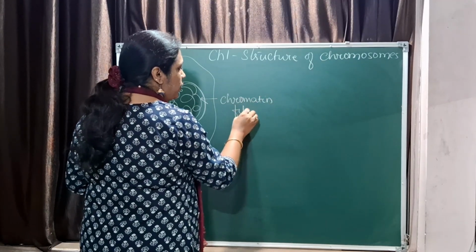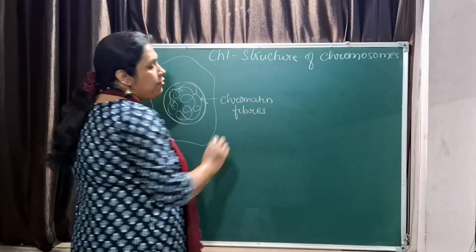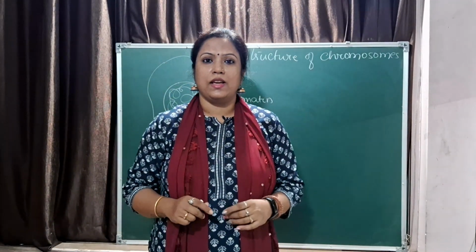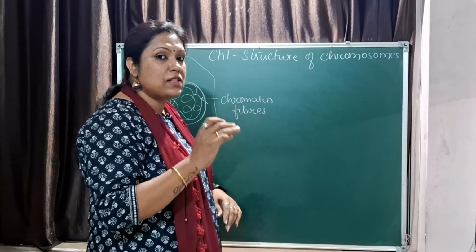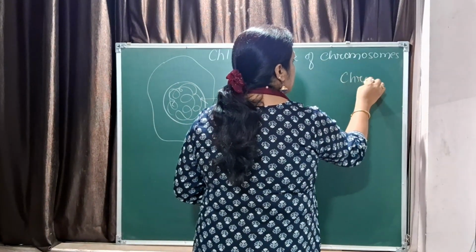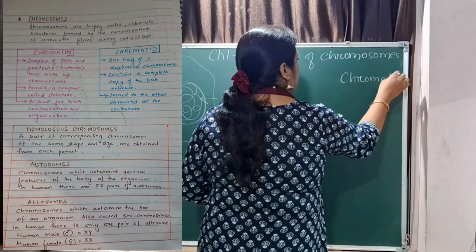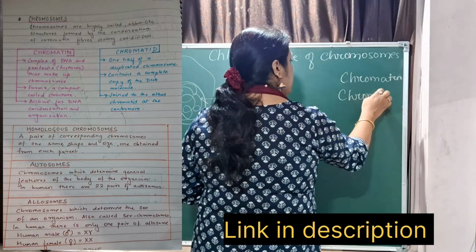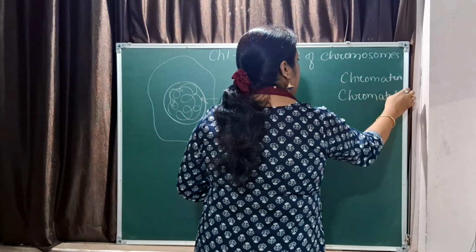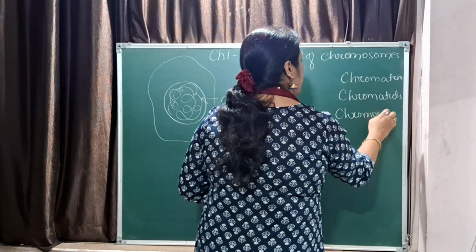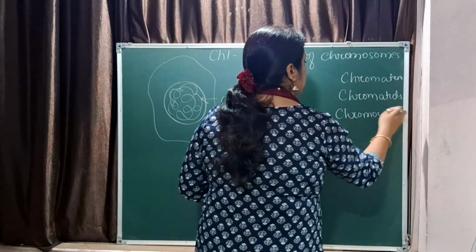Now we will explore what these chromatin fibers consist of, right? Before knowing that, there are certain words that must be clear to you. The first one is chromatin. Then you have chromatids, you have chromosomes, right? So we'll understand all these basic terms.